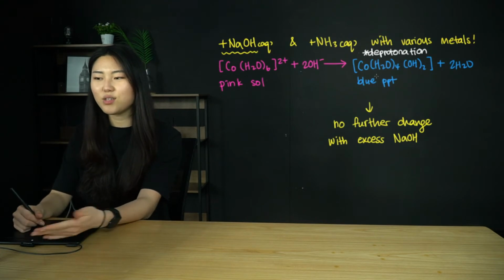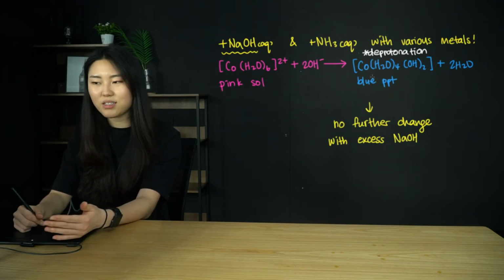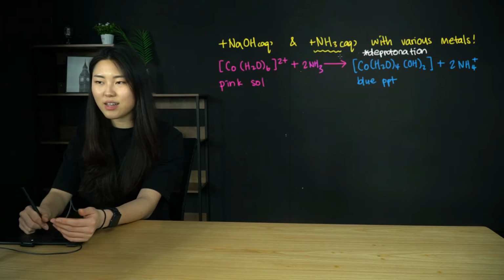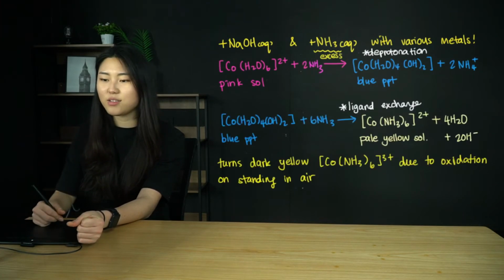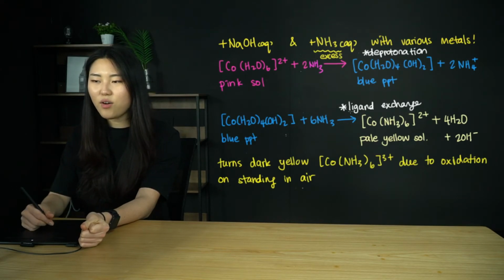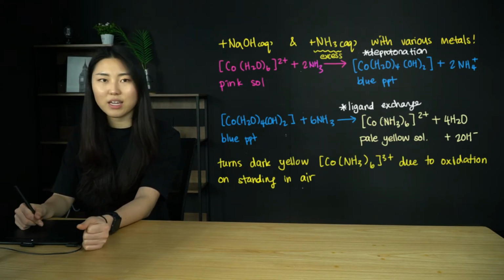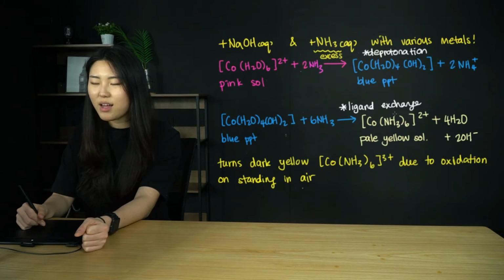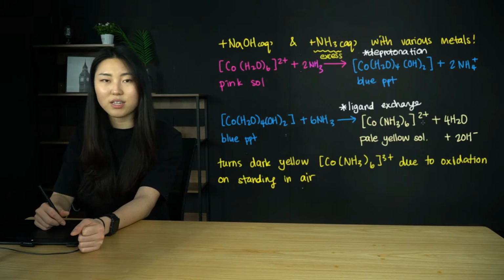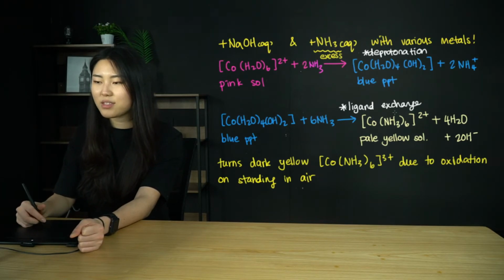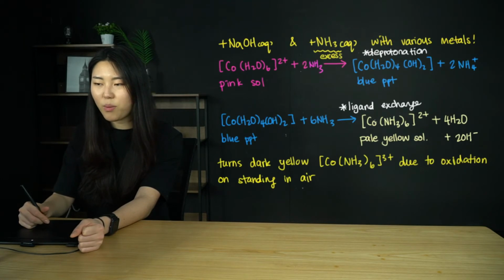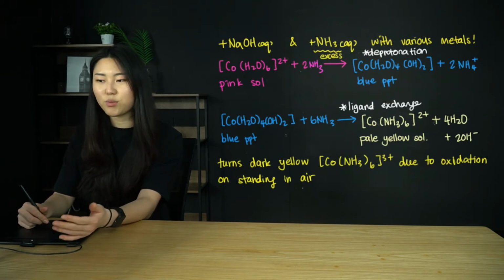And actually there is no further change with excess sodium hydroxide, okay? But if you add excess ammonia solution, then you will see another color change. Over here we're seeing ligand exchange because the ammonia ligands are replacing the water and hydroxide ligands, okay? So we get 6 ammonia ligands surrounding the cobalt 2+ ion as the central metal ion.